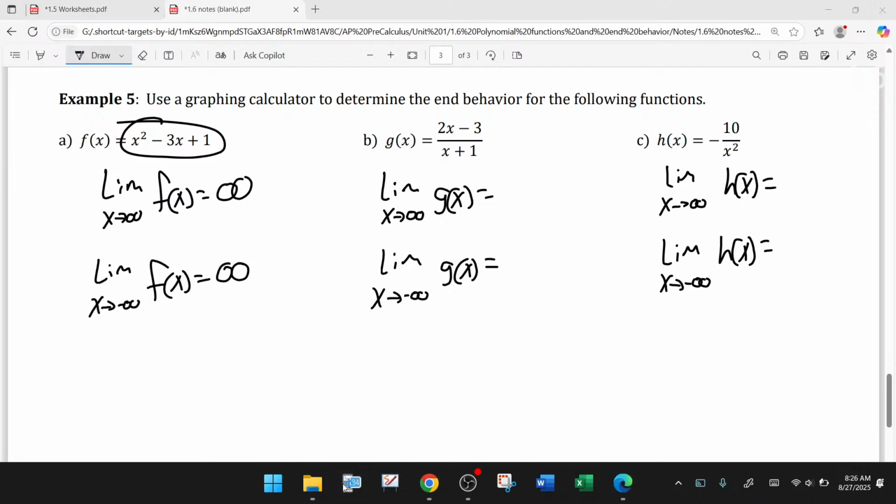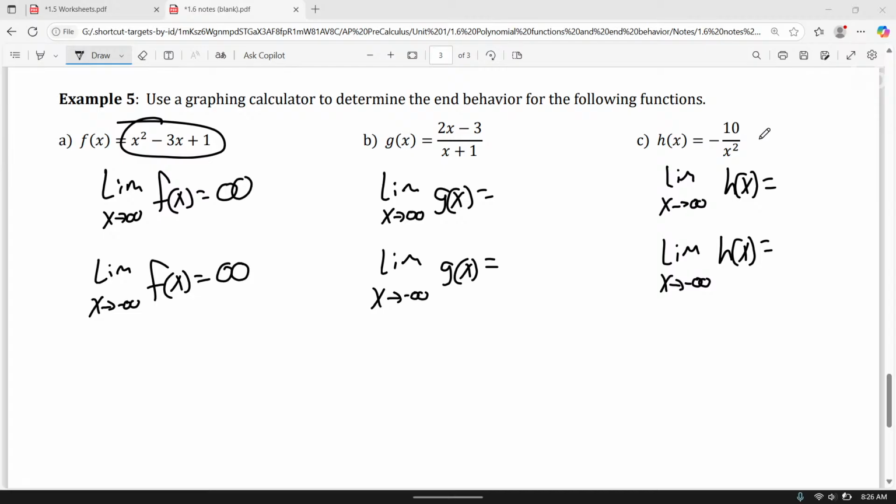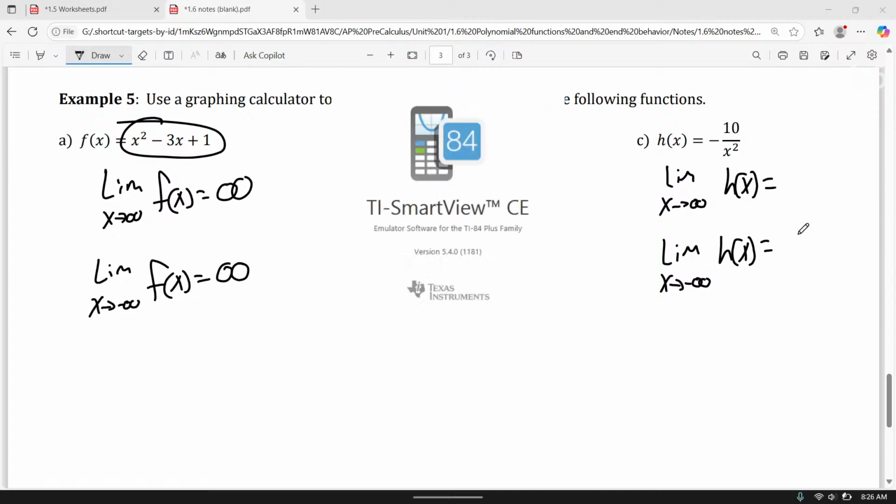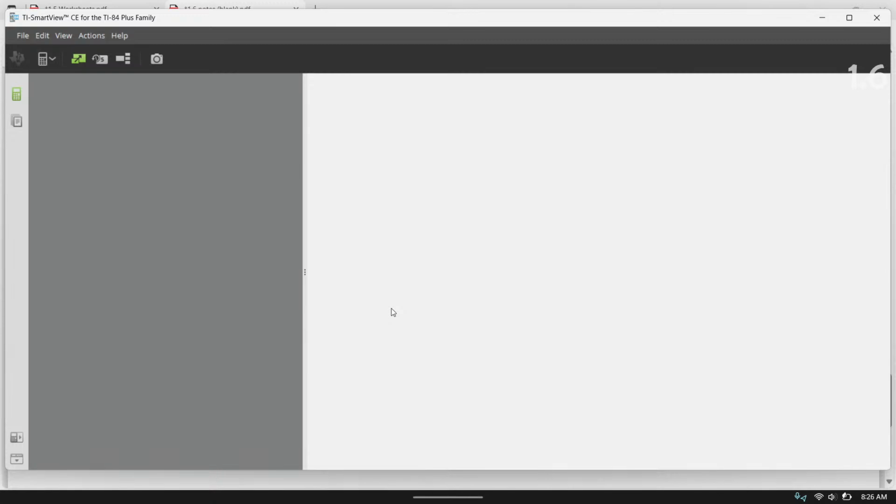Y'all caught that too, didn't you? So punch it up and see what it does. These are not infinities. They're going to some number. And if you have to, look at the table. I don't want to spend time in class to do that, but they're getting you ready for future stuff.